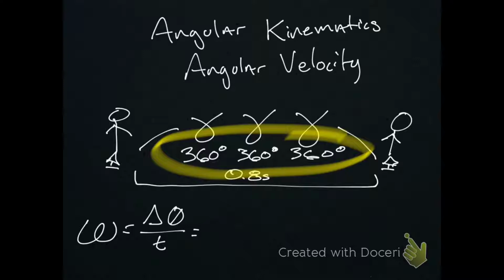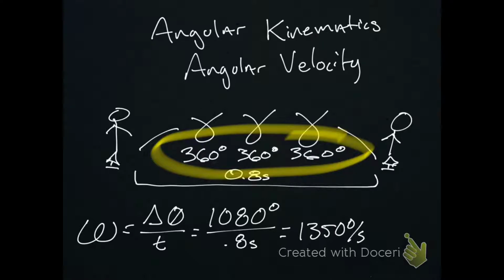So we get the angular displacement of 1080 degrees, and we divide it by the 0.8 seconds. When we do this, we get 1,350 degrees per second.